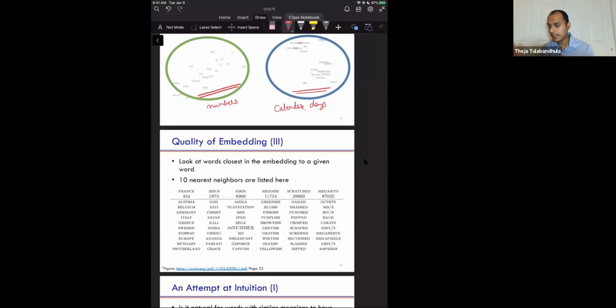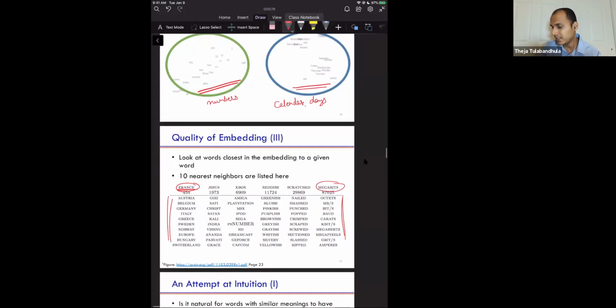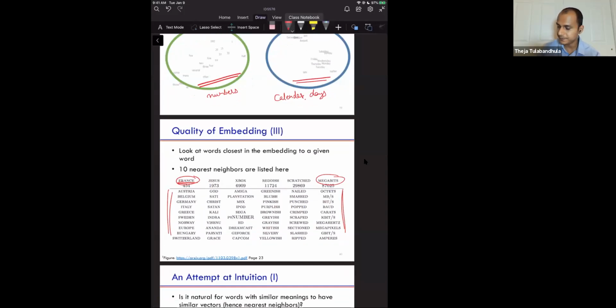Once we have trained W and gotten a much better lookup table than the random numbers we started with, you can, for example, look up the most similar words to the word France in this 300-dimensional space. You can look at the nearest neighbors, right? For France, you get a bunch of countries. For megabits, you get a bunch of technical measurement units, right? So that means this particular embedding is good.